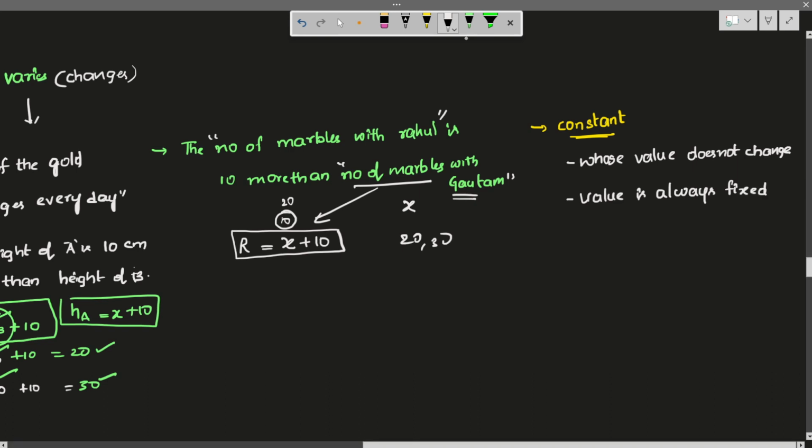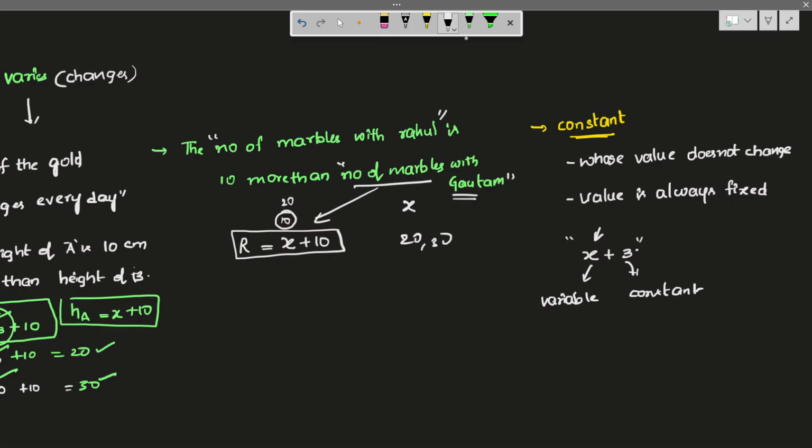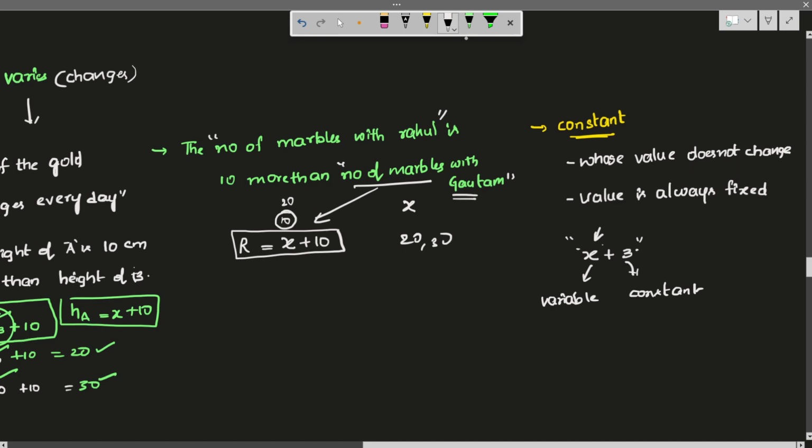For example, in this equation, this is known as the variable and this is known as the constant. Even though the value of x changes, this does not change. x can take any value depending on the condition, but only x will change and 3 will always be fixed.